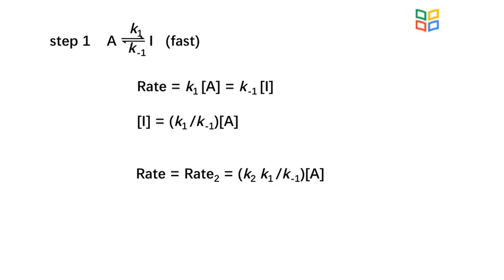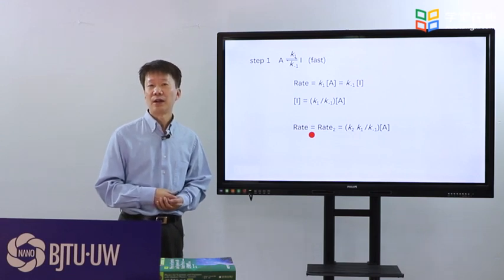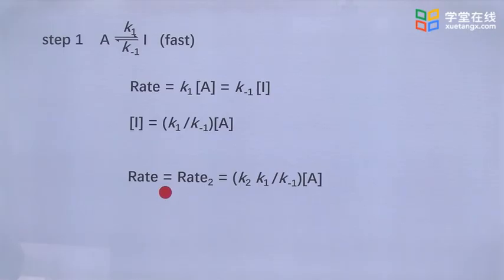That is expressed as K1 times A equals K minus 1 times I. Then we have the concentration of I is K1 over K minus 1 times A. Finally, we replace I with this formula and derive the rate law for the overall reaction. It's K2 times K1 divided by K minus 1 times the concentration of A.